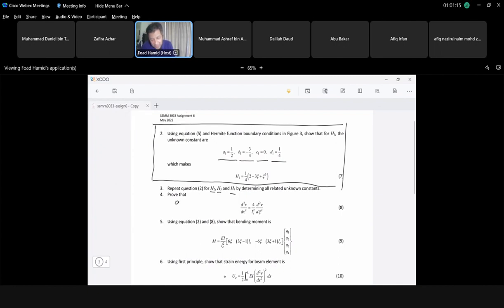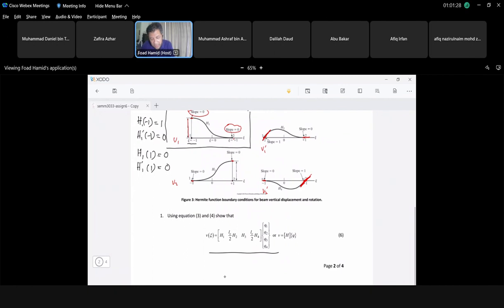Okay, so you know what is dv. You know what is dv dt, and of course you can do dv dt square. Oh sorry, note that our v is in the function of v. So dv dx.